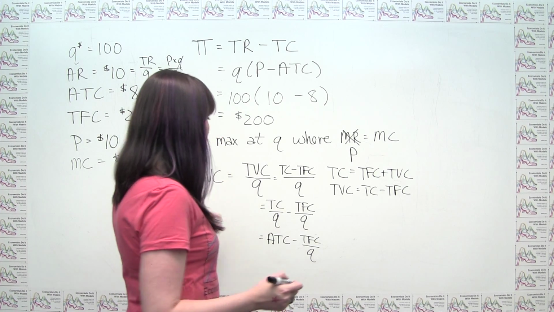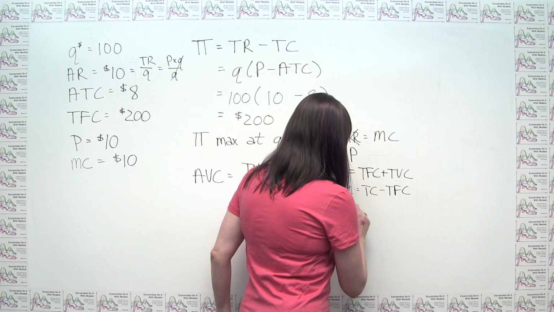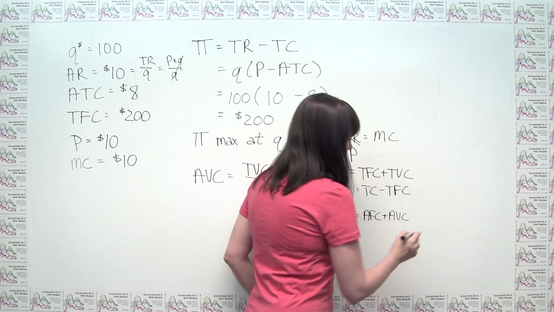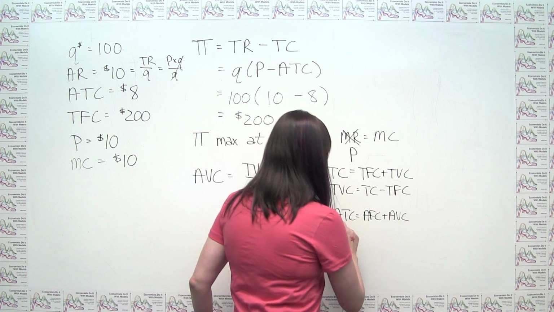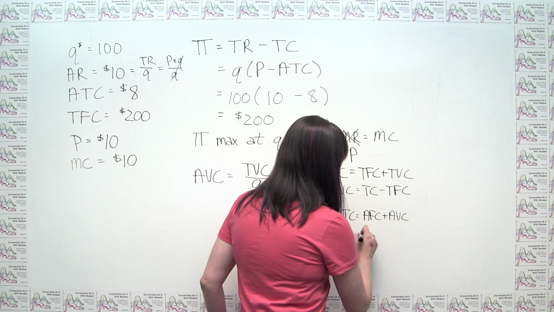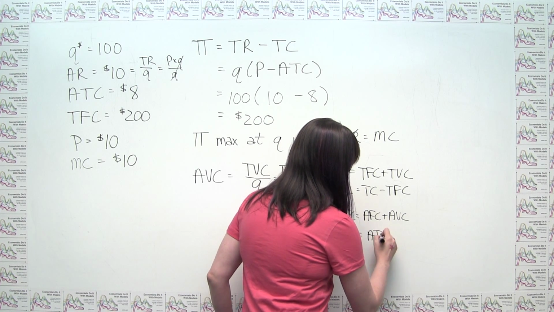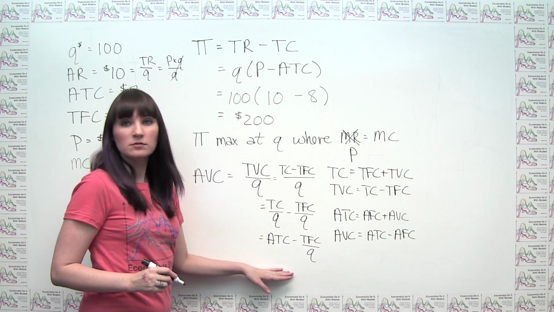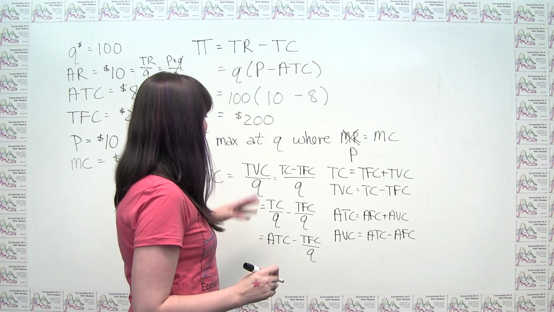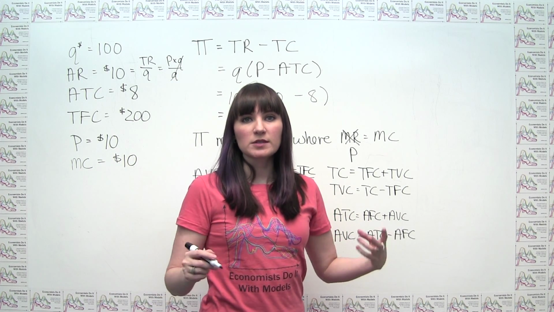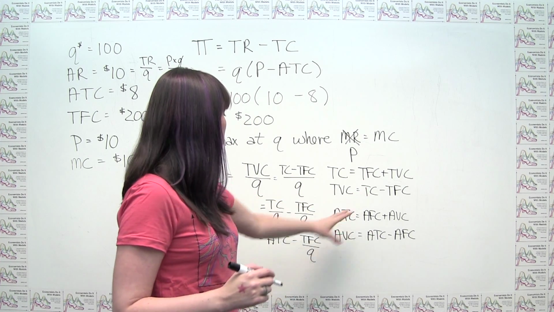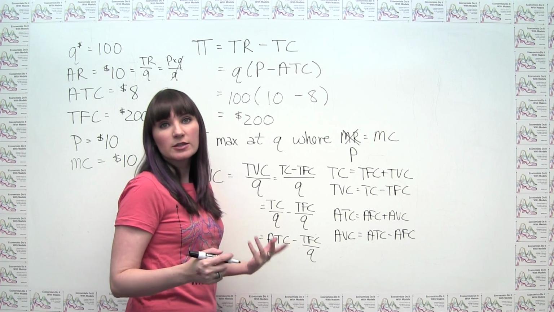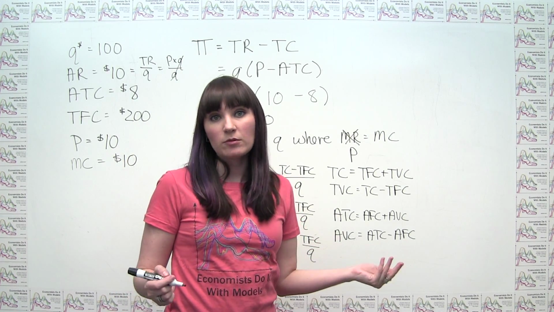Maybe you could have noticed that average total cost is equal to average fixed cost plus average variable cost. So it must be true that average variable cost is equal to average total cost minus average fixed cost, which is actually what we're saying here. As long as you know what all the cost formulas are, it doesn't really matter in what order you choose to put them together; you'll eventually get something that's in terms of the quantities that you actually have, if you're given proper information in the problem.